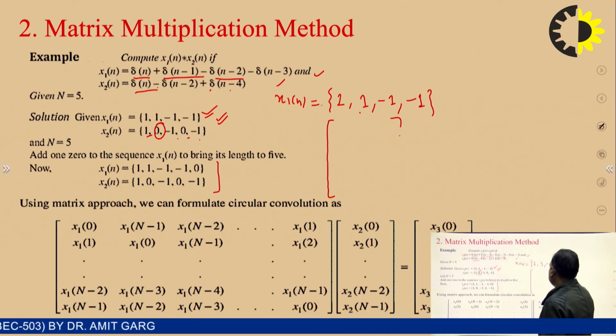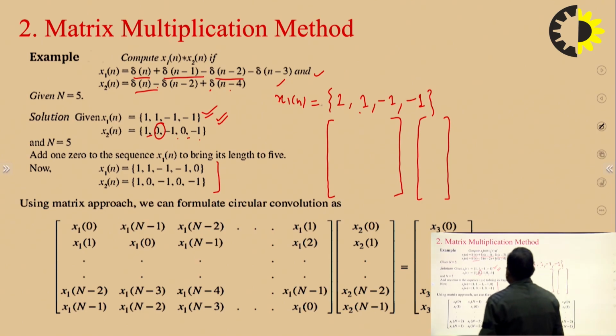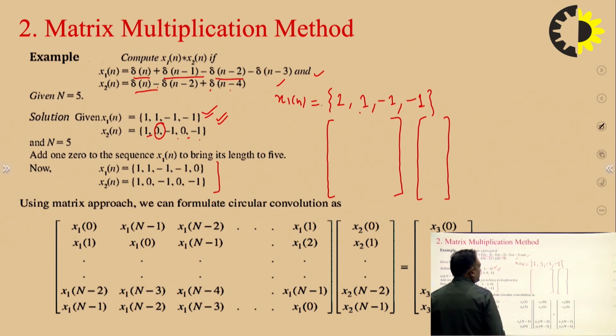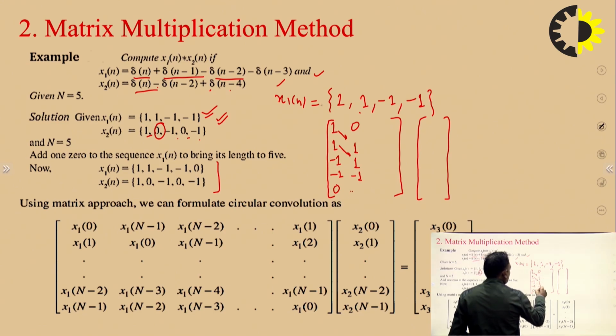How will we do this? With the help of one sequence, we will make a matrix. Let's say we are making a matrix with the help of x1 of n. So how will these elements be placed? 1, 1, minus 1, minus 1, 0. Now this 0 will come over here and like this. So 1 is here, 1 is here, minus 1, minus 1.